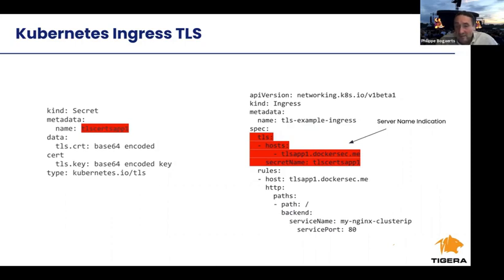And once that is done, it will decode the TLS connection, and then it will actually apply the rules that are specified below. So in this case, when the host name is tls-app1.dockersync.me, we'll basically send it to the nginx cluster IP. So it's a bit complicated the first time.